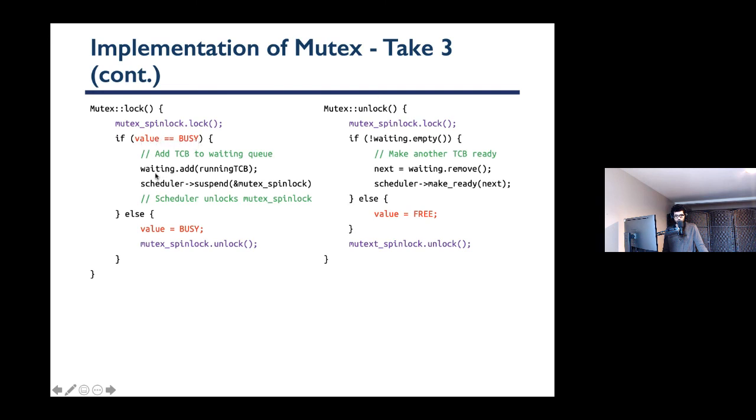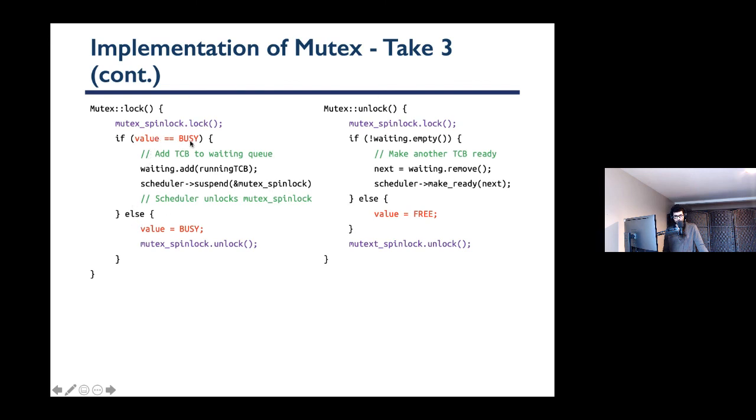If the value is busy, I add myself to the waiting queue, and I suspend myself. So I call a scheduler, and I suspend myself. I pass my Mutex to the scheduler so that the scheduler can make it free. Because at this point I locked it, and I'm going to sleep. So this time I'm going to ask the scheduler to unlock this spin lock.